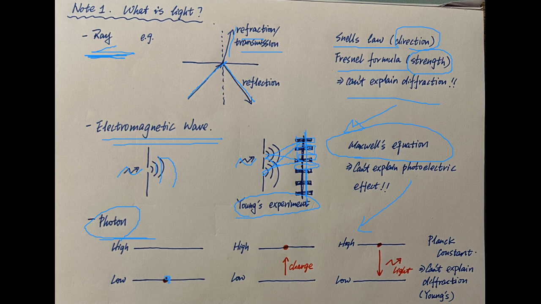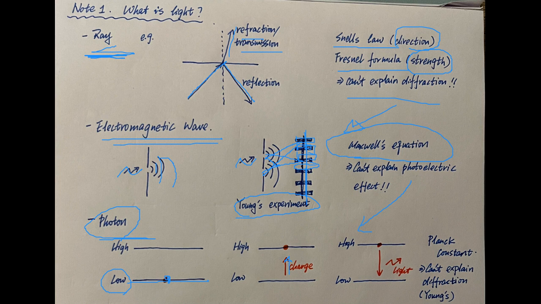It is on a stable state. So normally electron is orbiting an atom. So it is orbiting an atom at a low energy state. And then if we charge, the electron will be stimulated to a high energy state.